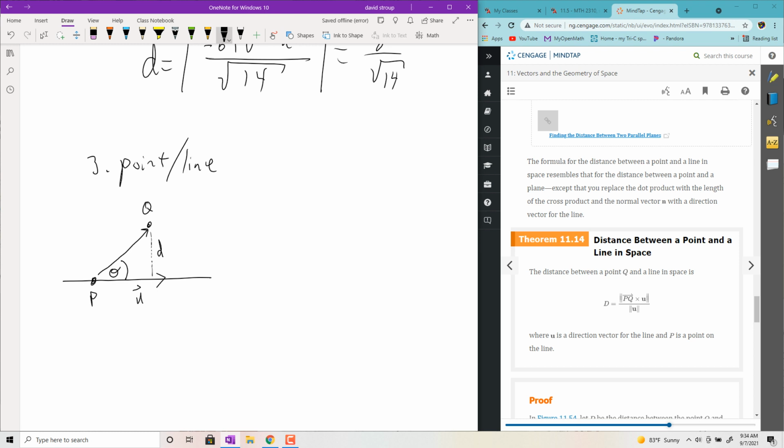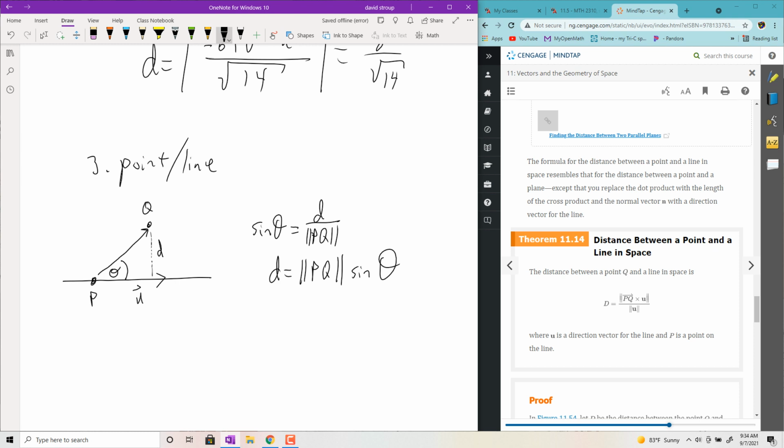So I have formulas from trig that will relate some of these unknowns. So the sine of theta is equal to opposite over hypotenuse. So the d is what I want. The length of the hypotenuse is the magnitude of PQ. So I could say d is equal to the magnitude of PQ sine theta.